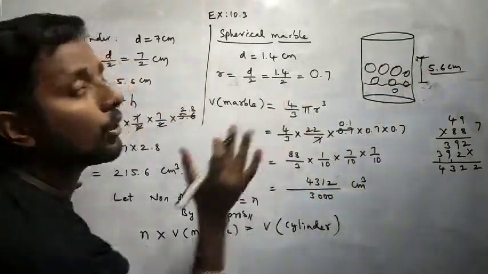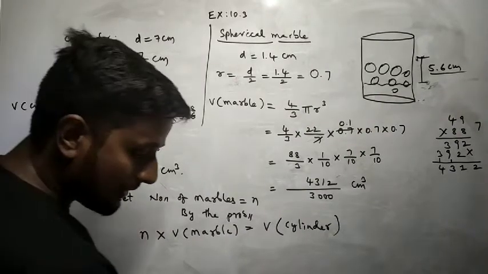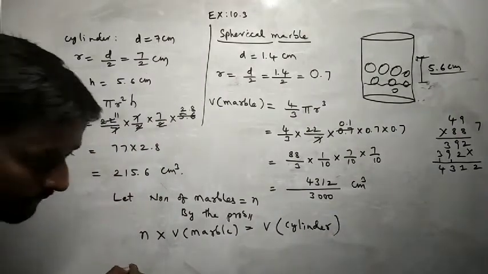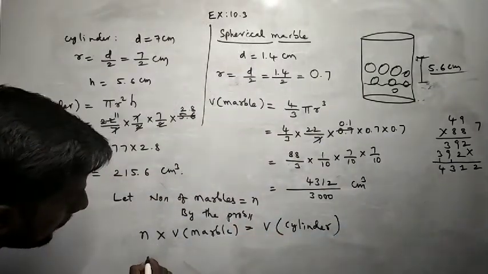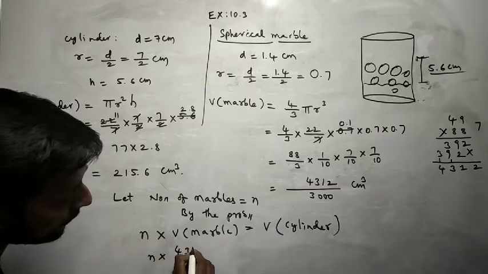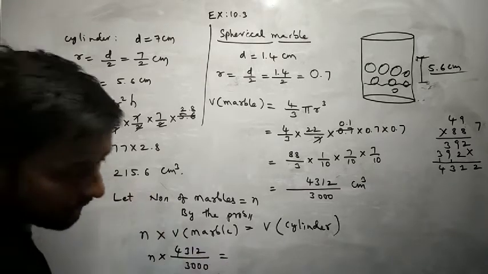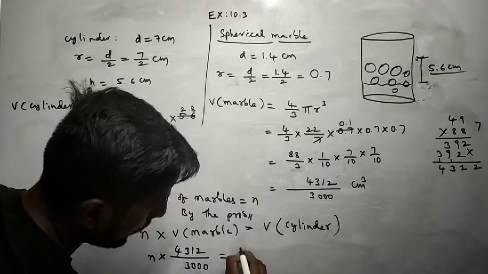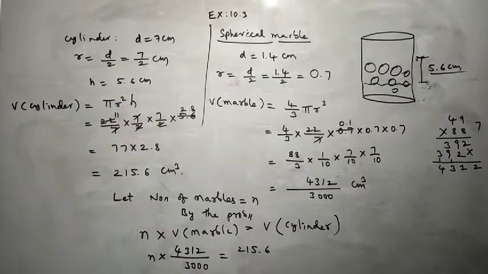I'm not talking about the entire cylinder. So now we'll substitute that: n into 4312 by 3000 is equal to 215.6.